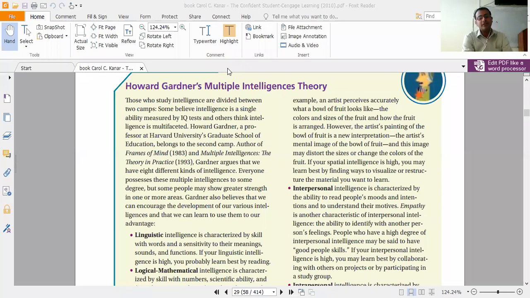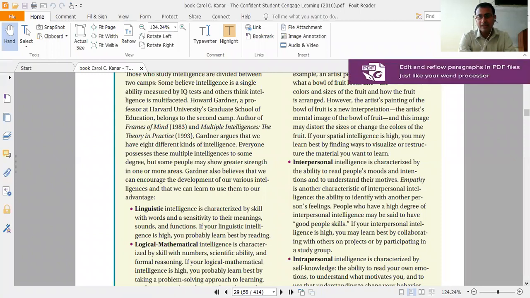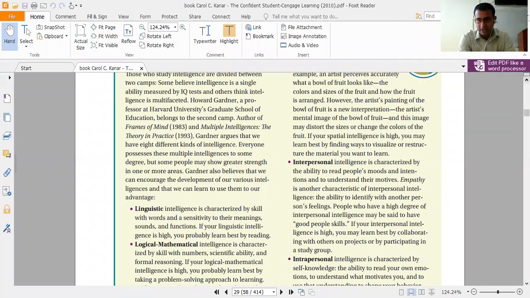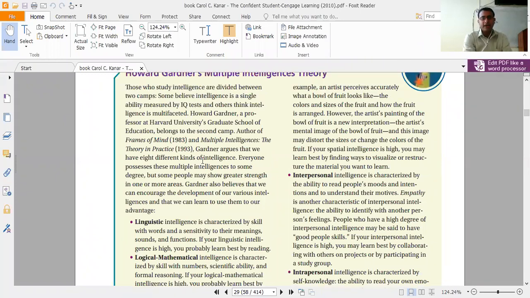Then there is Howard Gardner's multiple intelligence theory. Remember, previously there were people who said that intelligence is just one ability, and it was measured by an IQ test. But it was Howard Gardner, a professor at the Harvard University Graduate School of Education, who says that intelligence is of multiple kinds.